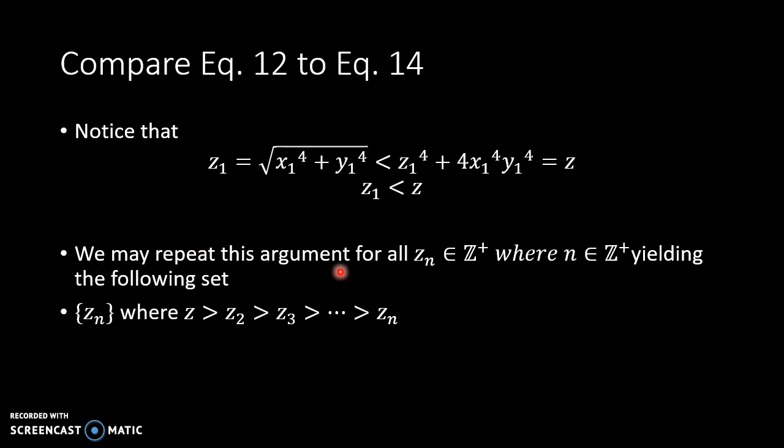If we repeat this argument for all z sub n, where n is a positive integer, we receive the following set. The set containing all values of z sub n, where z is greater than z sub 1, which is greater than z sub 2, which is greater than z sub 3, all the way out to z sub n.